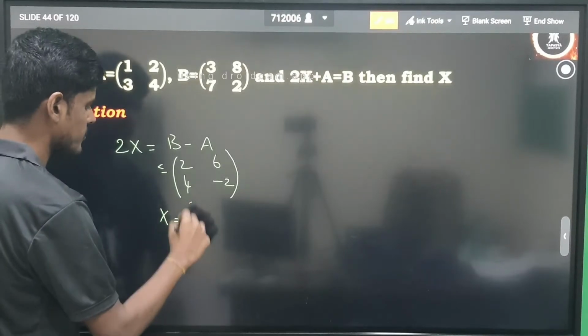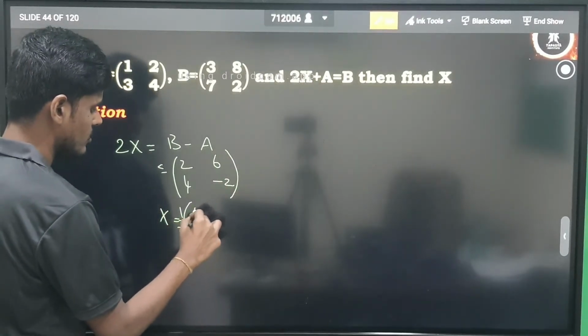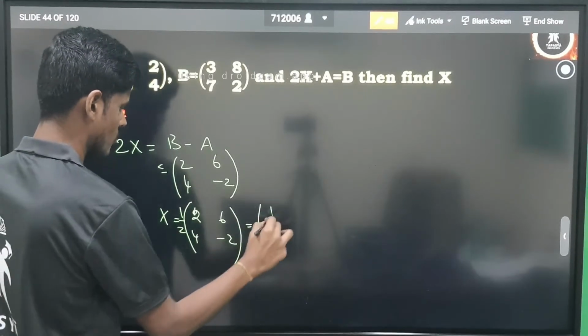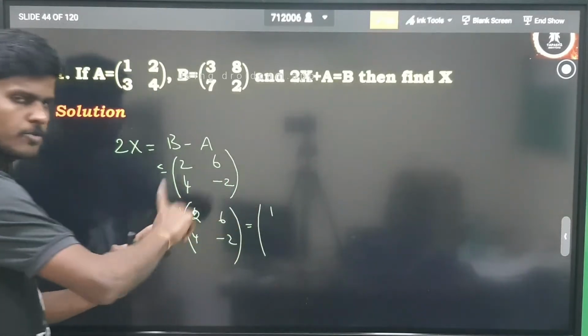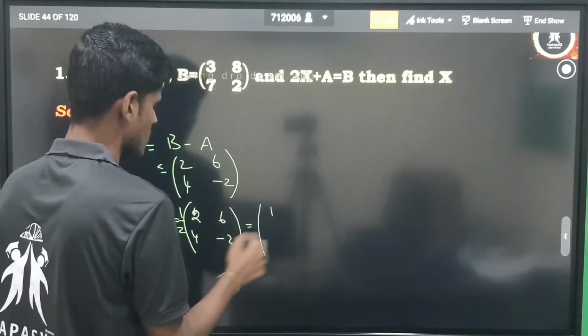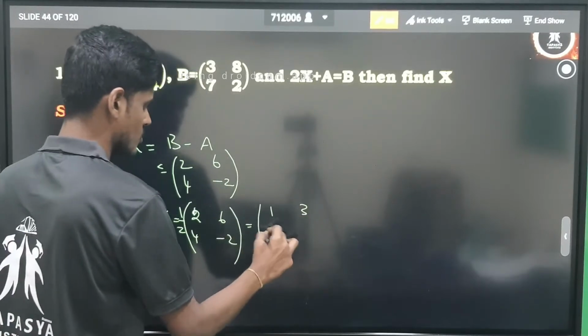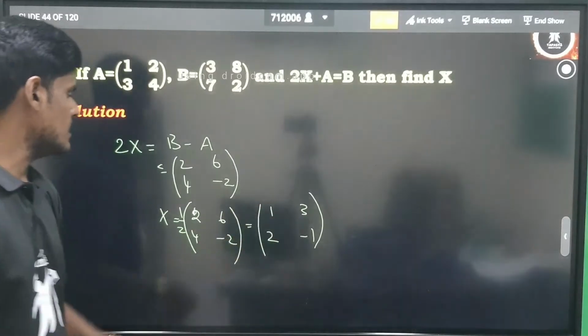X is half of this value. So multiply by half, 1 by 2 of 2, 6, 4, minus 2. What is the answer? We have to multiply half to each element. So 2 by 2 is 1, 6 by 2 is 3, 4 by 2 is 2, minus 2 by 2 is minus 1. This is the answer X.